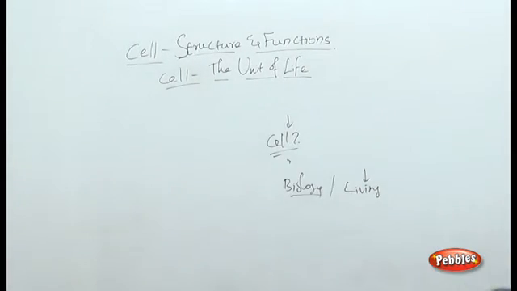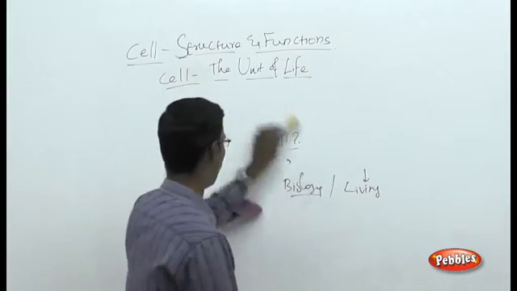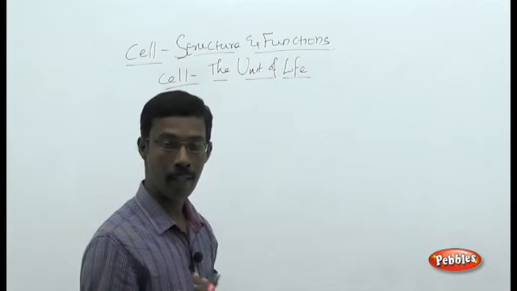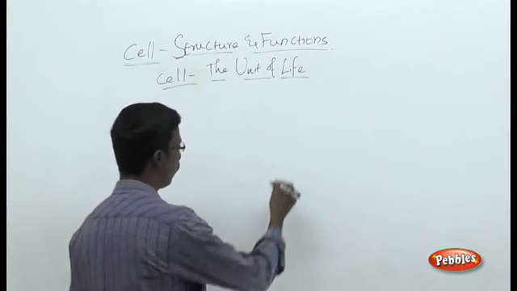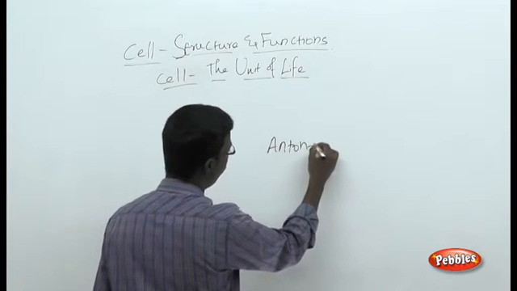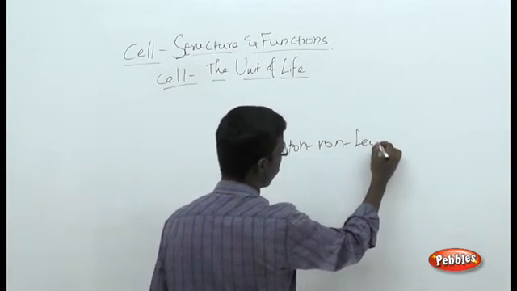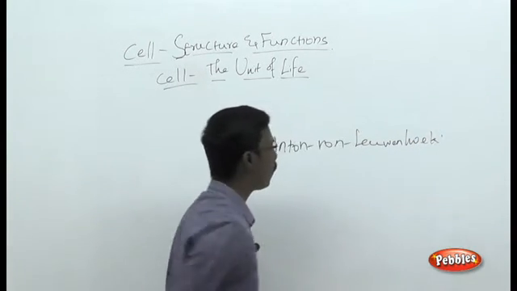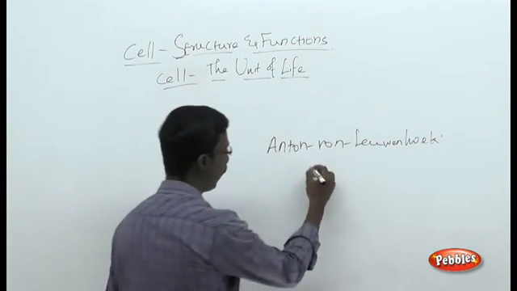The next point you have to remember is the origin of the cell theory, or the history behind the cells. The history starts with the man Anton von Leeuwenhoek, who discovered the microscope.